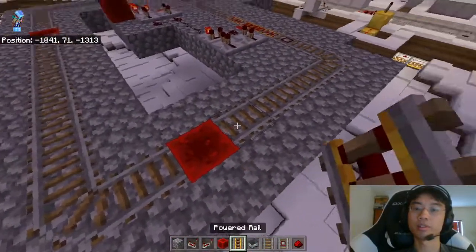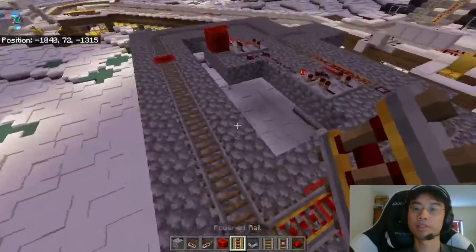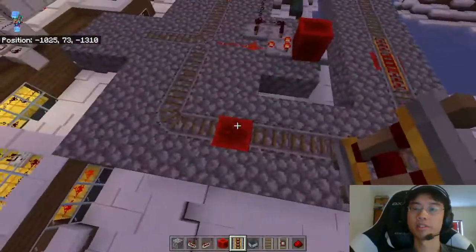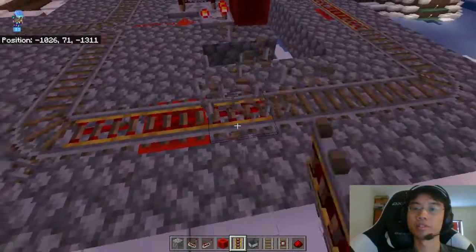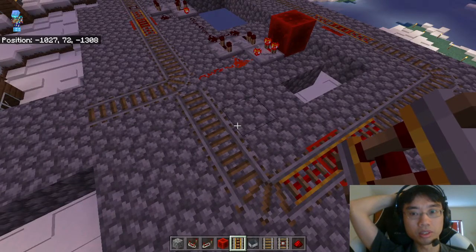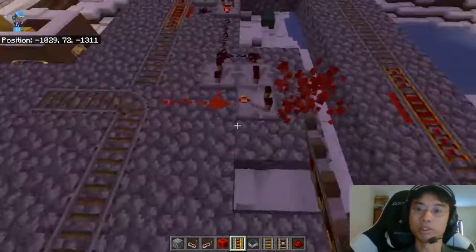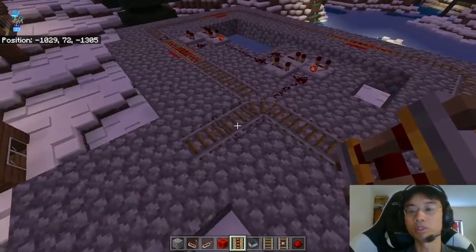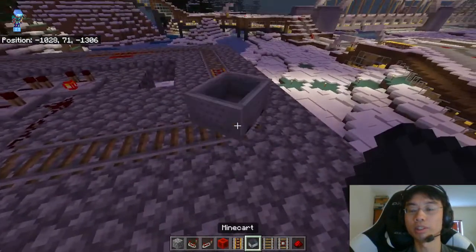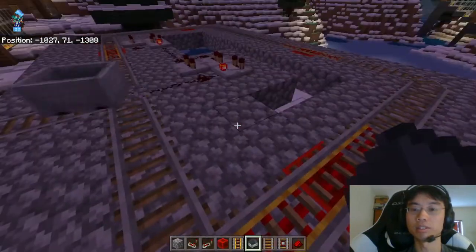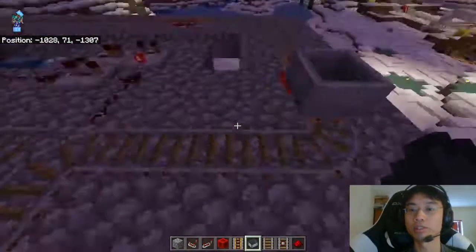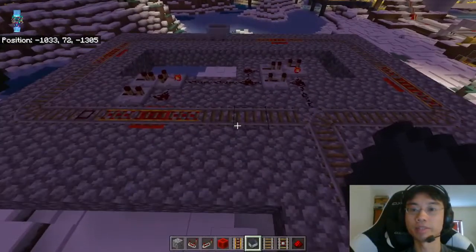Let's go ahead and power some rails. That should not be always on. That should be always off, because we want to go straight through. Or do we? Well, we can do both. Alright, so let me just like shove that. That's the wrong way. Let me go ahead and shove that in that direction. See how this goes.